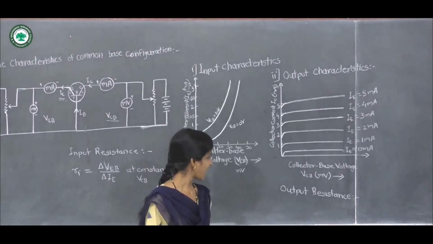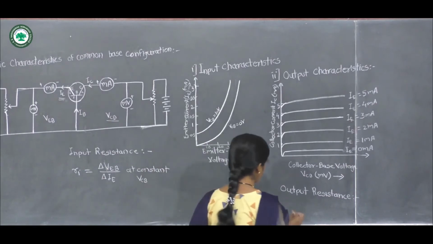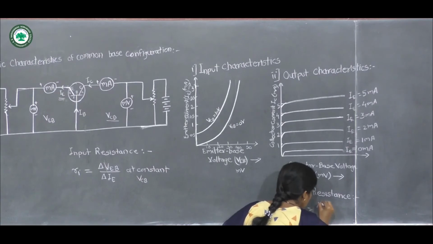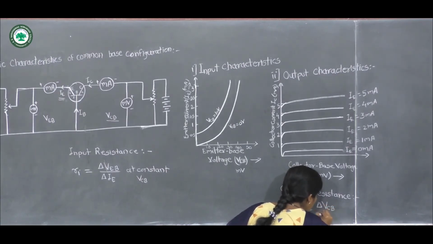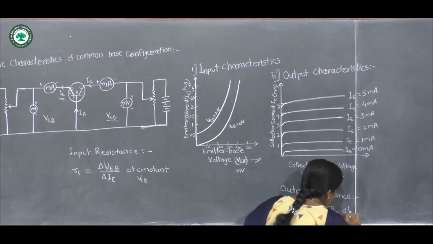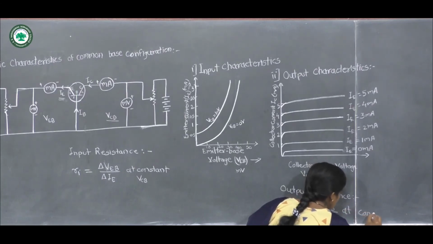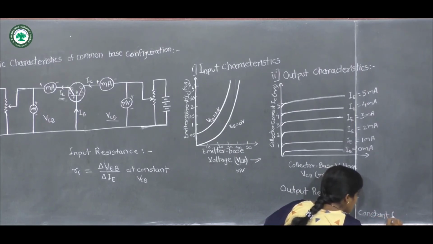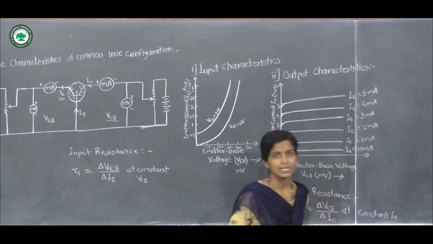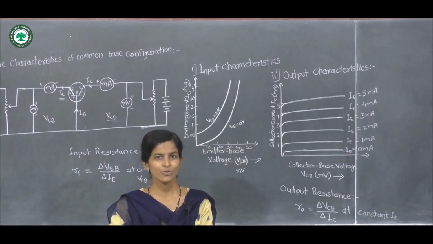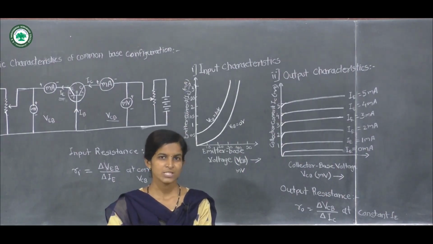This output resistance is given by Ro is equal to delta VCB by delta IC at constant IE. So these are the output characteristics of common base configuration, and with this I will stop here. Thank you.